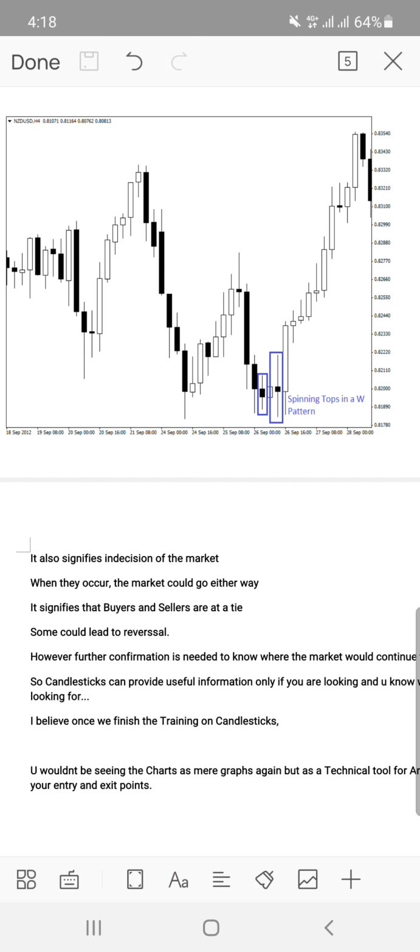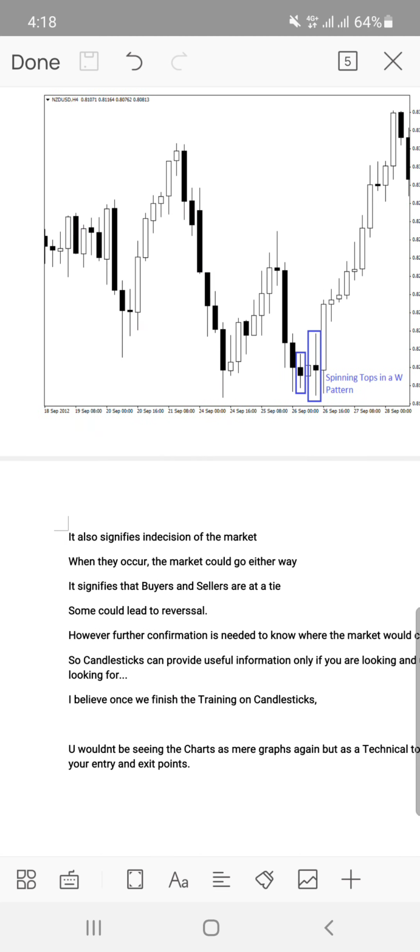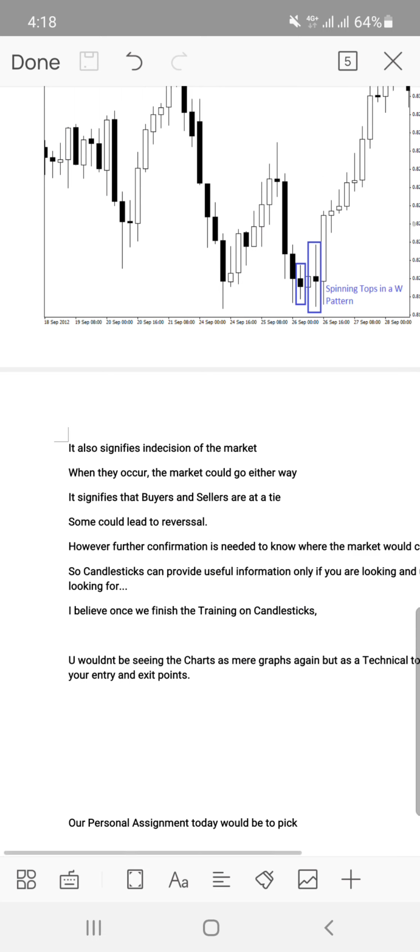However, further confirmation is needed to know where the market is going to continue. Some people use it as confirmation for their trades, but it's always better to get other candlestick patterns to make your trading easier.